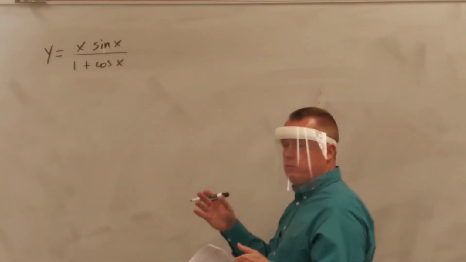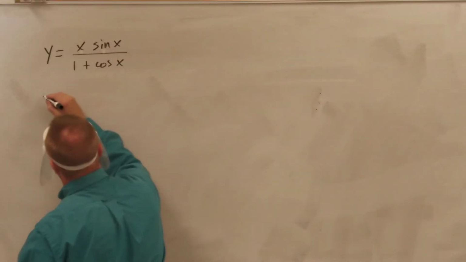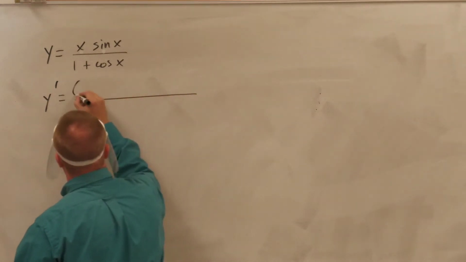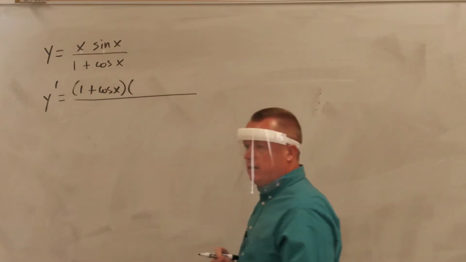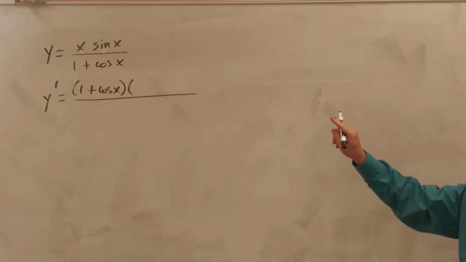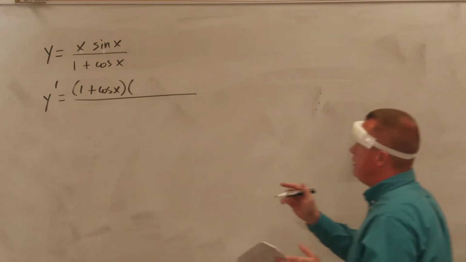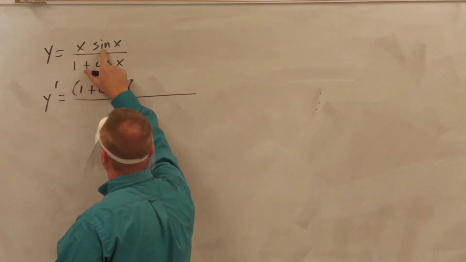So if it's quotient rule, remember we start with the bottom. So the derivative of y would be the bottom times the derivative of the top. Okay, so again, to do the derivative of the top, I've got to use the product rule. I'm going to say the first times the derivative of the second. Well, let's do it the other way.